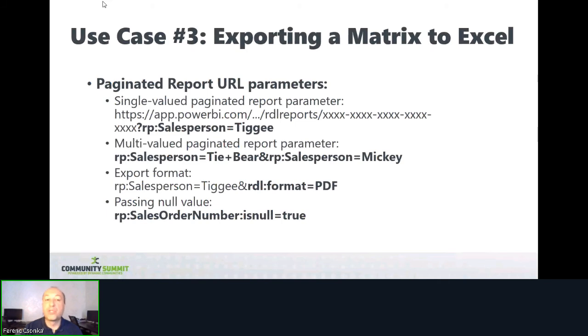How does it work? If you upload a paginated report to the cloud, you will have a special URL, and in this URL you could use parameters. In these parameters you could say that I would like to filter to region equal Europe, and I would like to get the resulting paginated report in PDF or Excel or anything else.